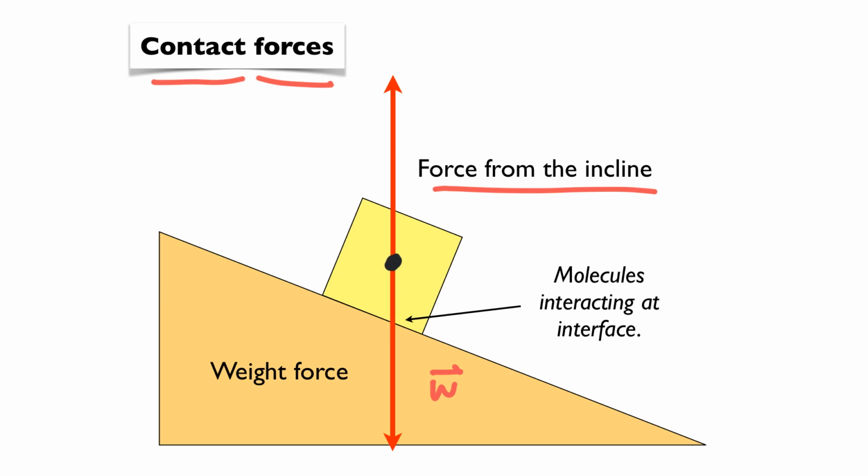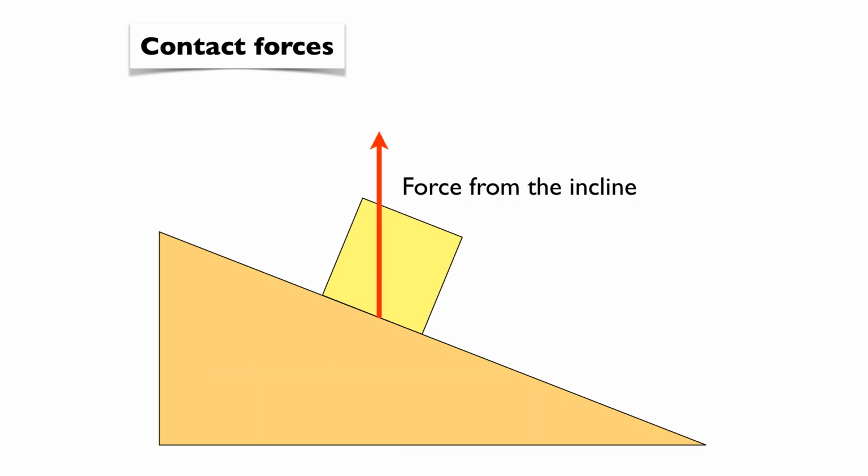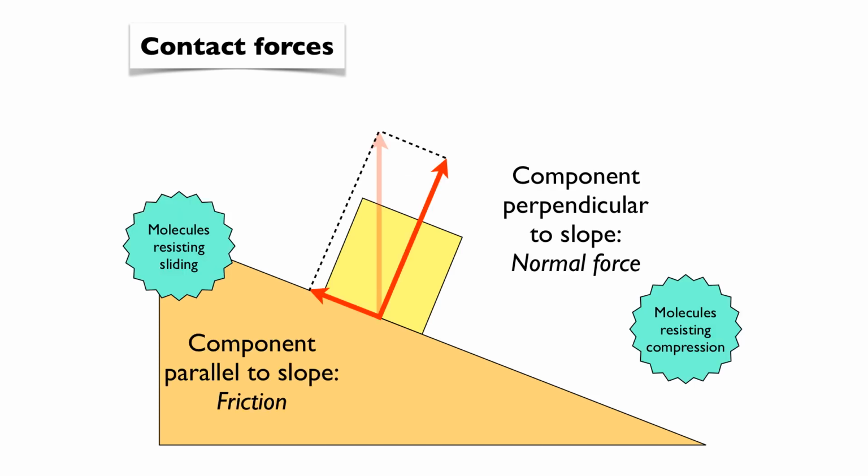But in physics, whenever we have a complicated situation, and this is pointing at some weird angle, I want to make it simpler by taking this force and turning it into two components: a component that is parallel to the surface and a component that is perpendicular to the surface. The component that is perpendicular to the surface, that's the normal force, okay?